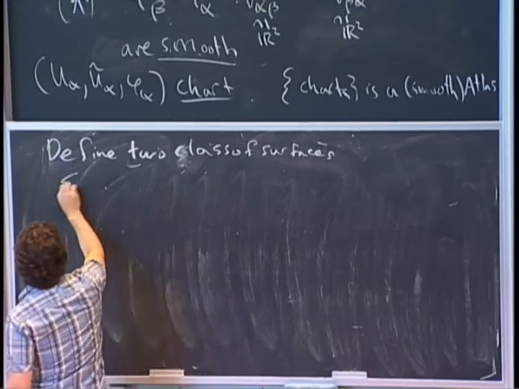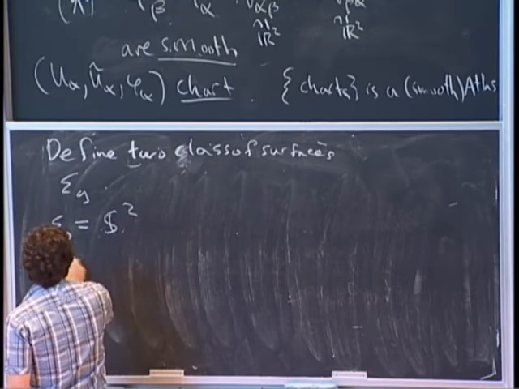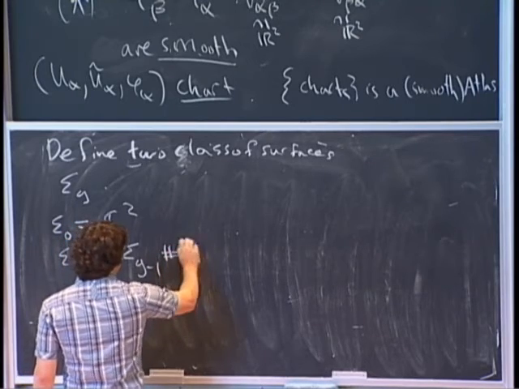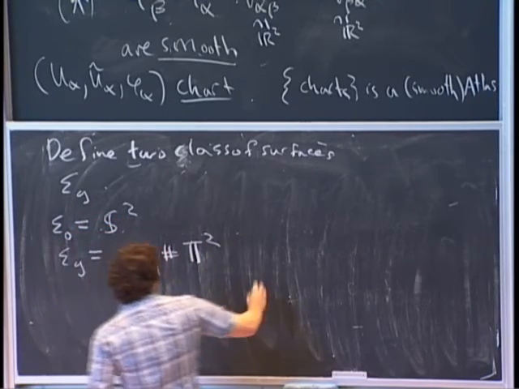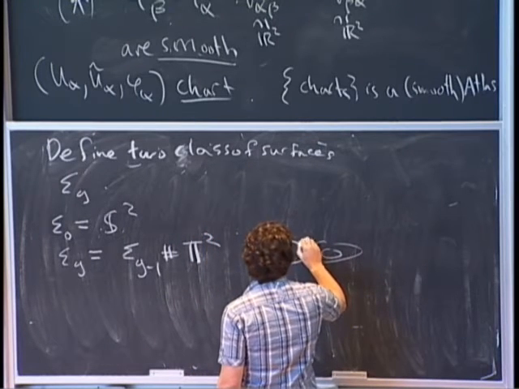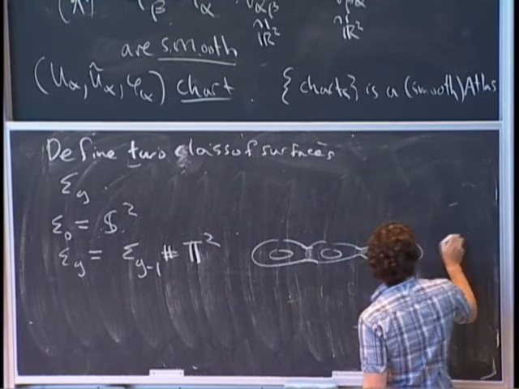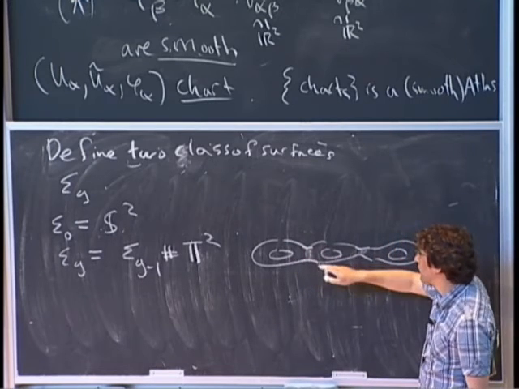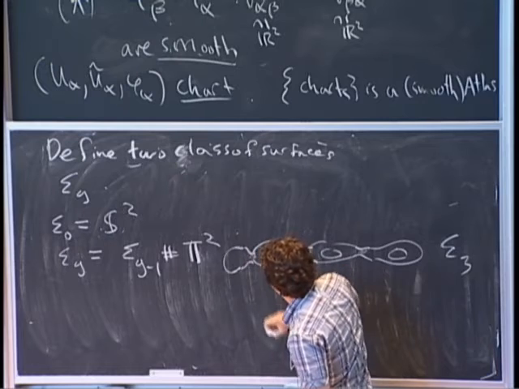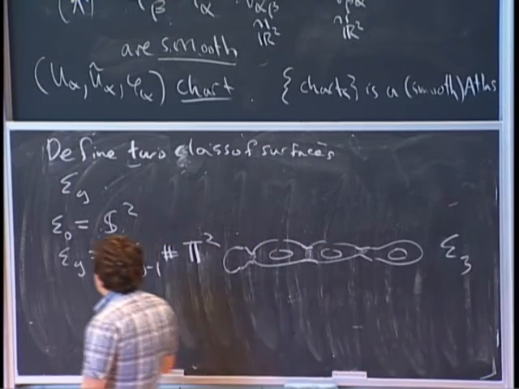We have sigma g, which is defined so that sigma 0 is equal to S2, and then sigma g is inductively defined to be sigma g minus 1 connect sum the 2-torus. So here's like sigma 3. You've taken a sphere to start it off, and then added 3 tori, and the point is g is called the genus.